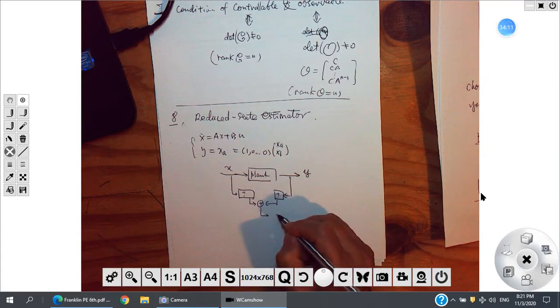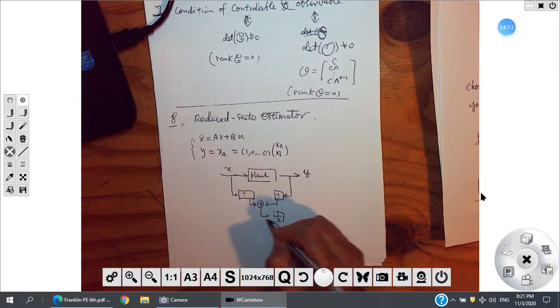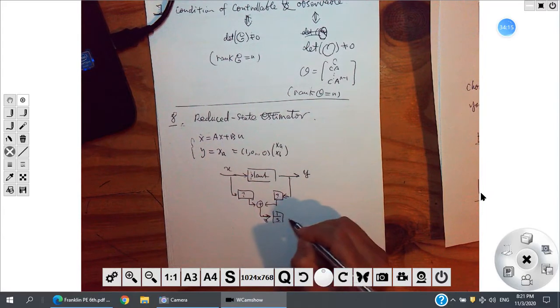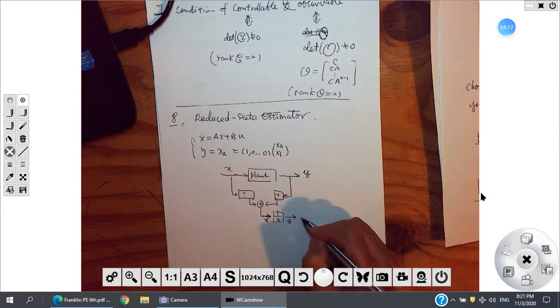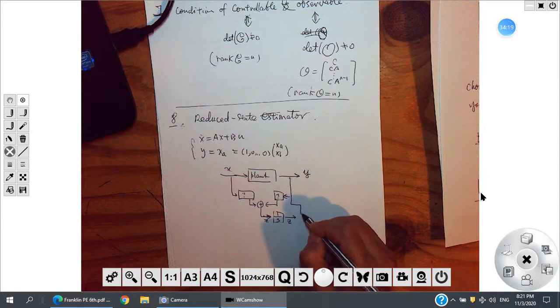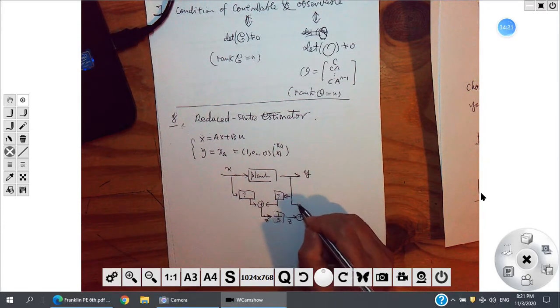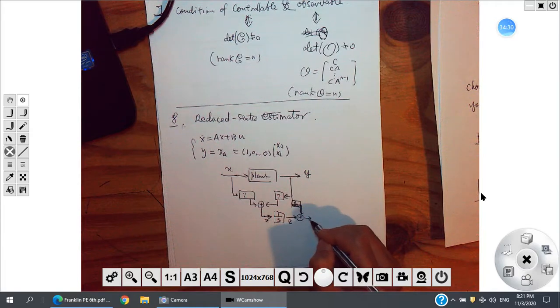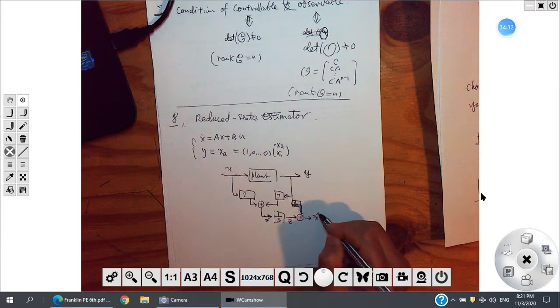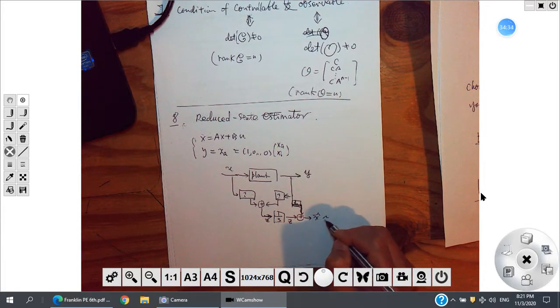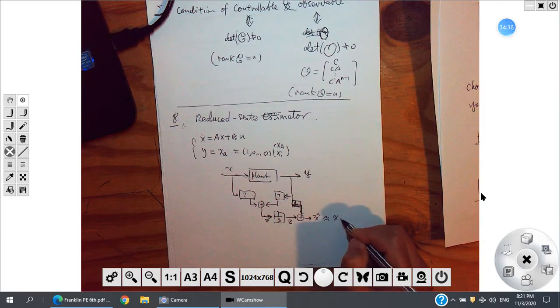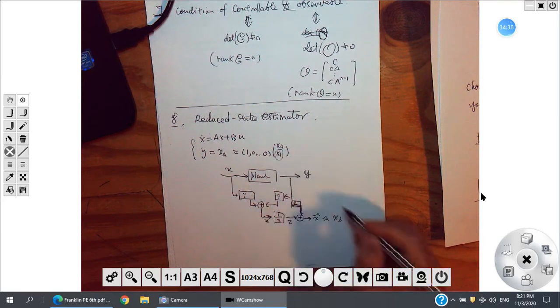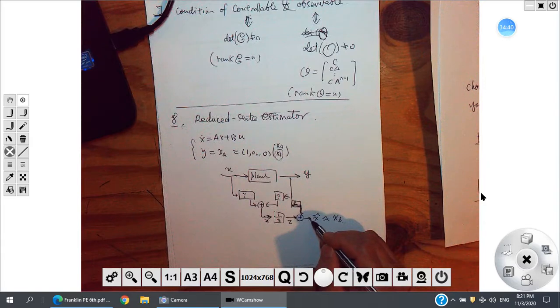Here you have 1 over s. Suppose this is a z, this is another z, and this z plus L times y. You do a summation here. Then this will be x hat, which is an estimator of xb. This part, xb. And this one goes back.